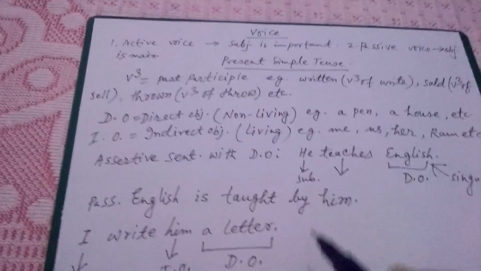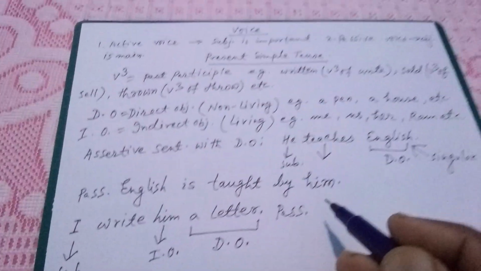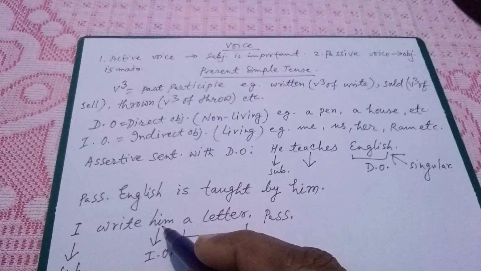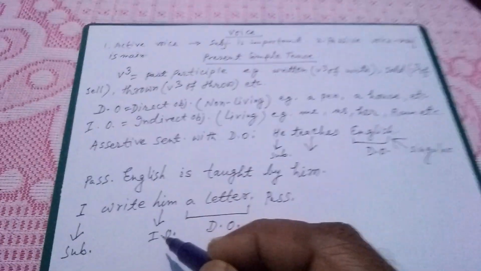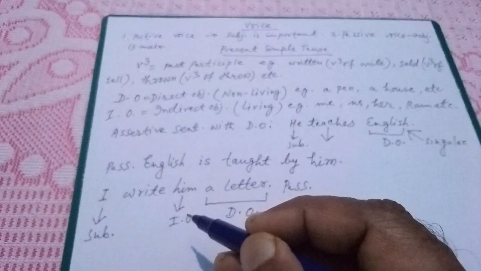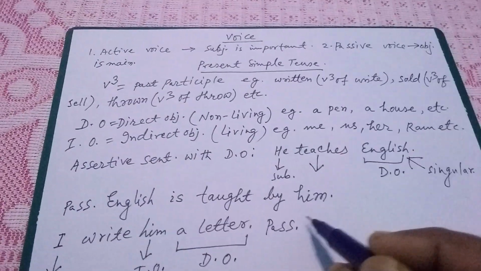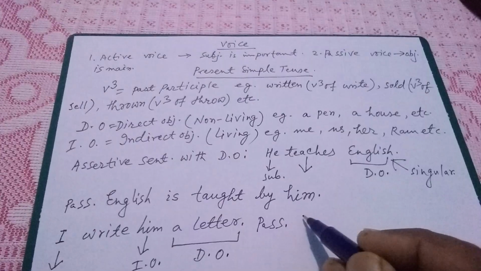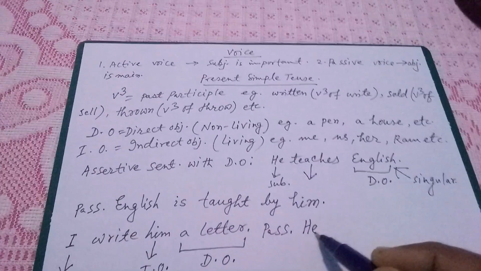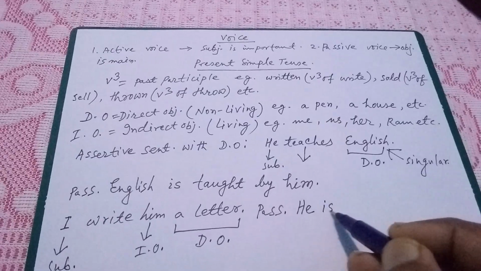So we always have to keep in mind when we are making it passive, first of all, the indirect object should be made the subject so that we have no confusion of using preposition. So we will write, now him is objective case, so its subject becomes he. He is third person singular, so with this we will use is.